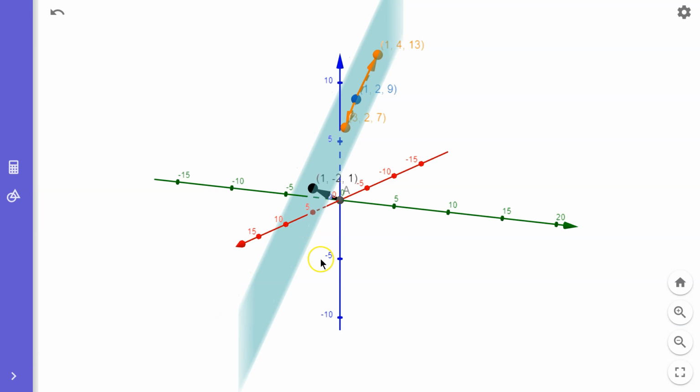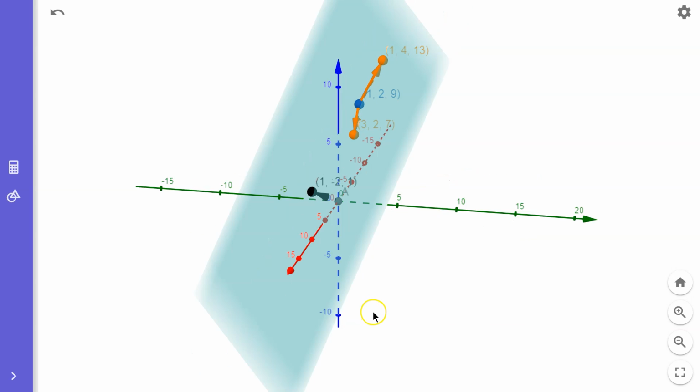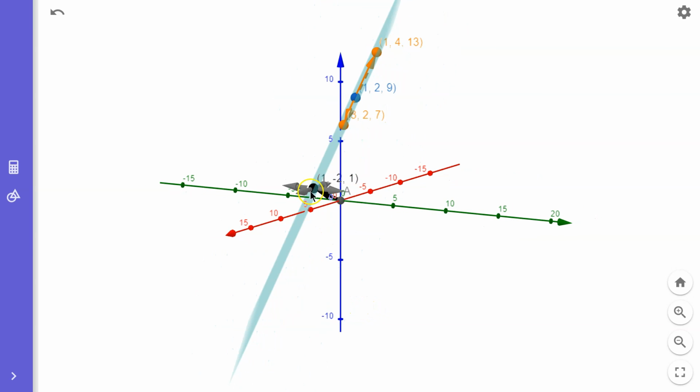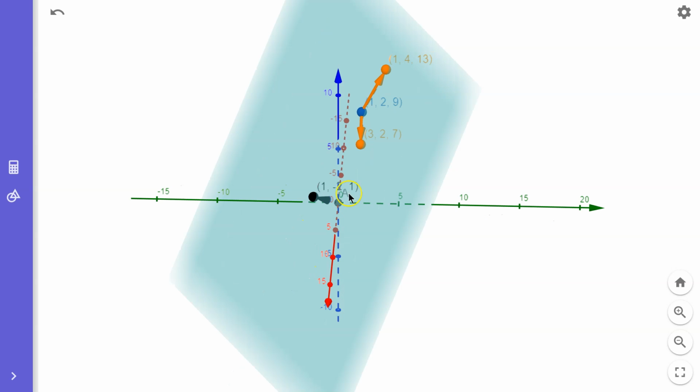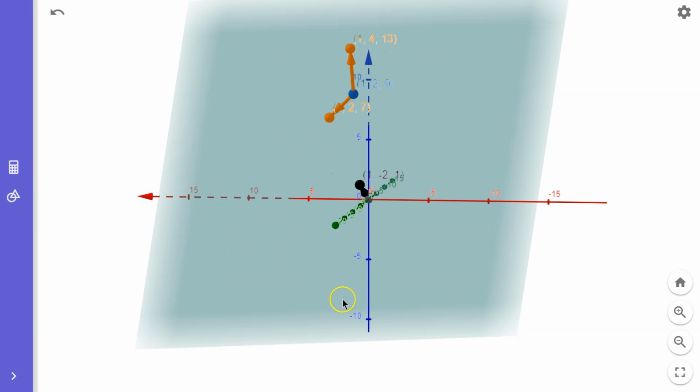My blue plane goes through the three points that I have: (1, 2, 9), the blue point here, (1, 4, 13), the orange point here, and (3, 2, 7), the orange point here. So my blue plane indeed goes through the three points that the problem has.